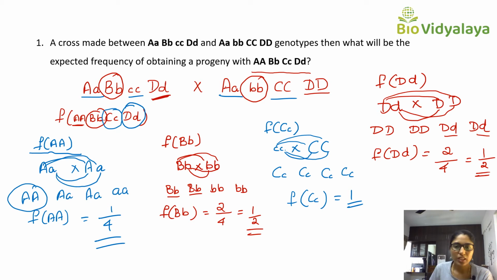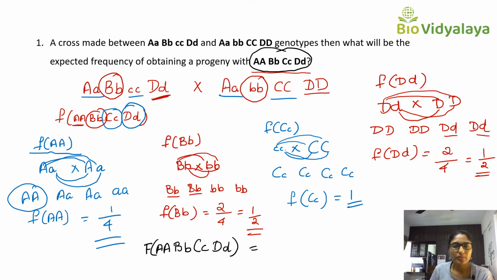So here we have to find the expected frequency of capital A, capital B, small b, capital C, small c, capital D, small d.